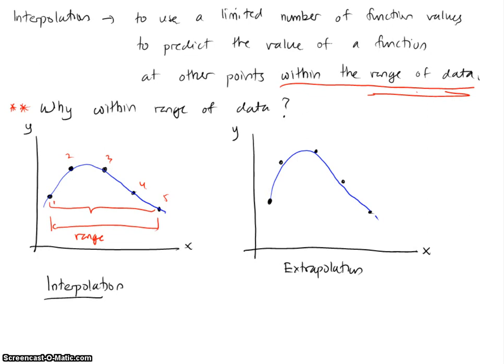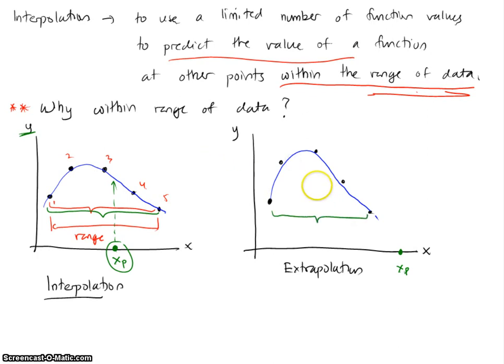When we say we are using the range of data points to predict the value of a function, it means that suppose we are interested to find out the value of y at xp here. Our xp is within the range of our data points, so in doing so we are performing an interpolation. But sometimes we may have to find the value of y when xp is beyond your data range.